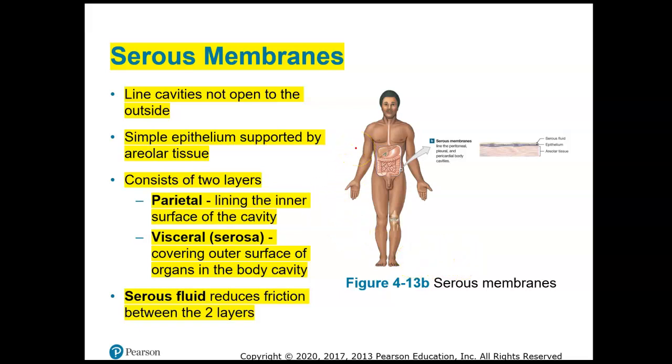There's the serous membrane that lines the abdominal cavity, which is called the peritoneum. The serous membrane that lines the heart is the pericardium, and the one that lines the lungs is the pleural membranes. Each serous membrane contains a parietal layer and a visceral layer.